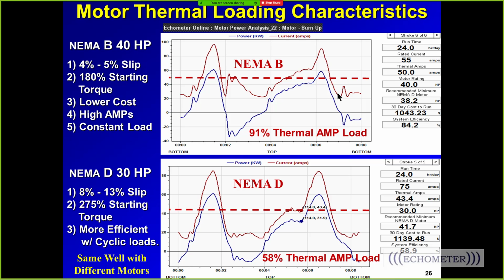But due to the thermal loading, they use more power because of the cyclic loading. And so normally the NEMA B motor, even though it's rated with a higher efficiency than a NEMA D motor, is going to be less efficient because the thermal loading is close to the rating of the motor.